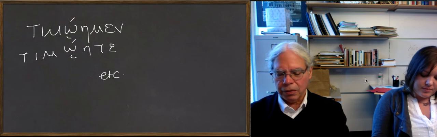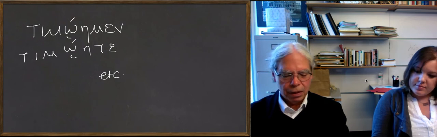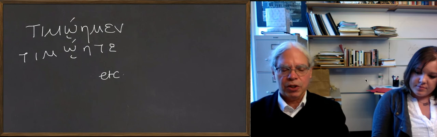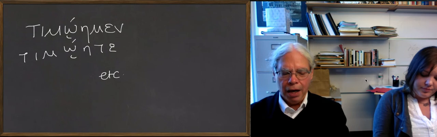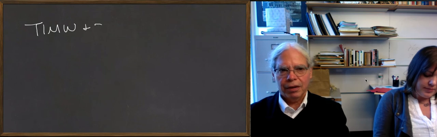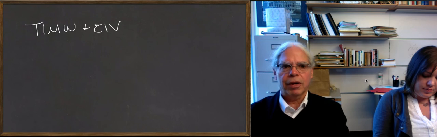Two other things. The infinitive: you would expect from these rules that the infinitive, consisting of tima plus ein, would be timōn. I'll write that down. This is the infinitive. Tima plus epsilon iota would give you timān, but it's going to be an alpha, not an omega there, right?